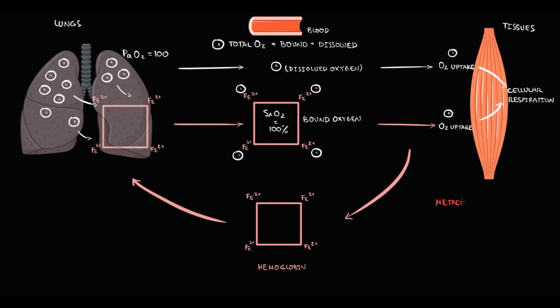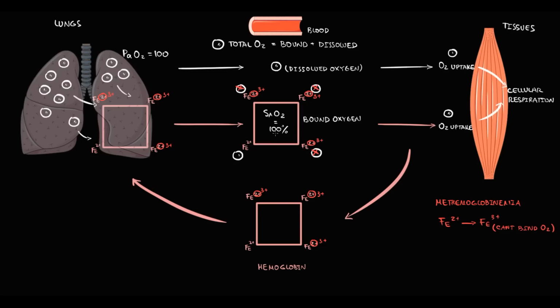In methemoglobinemia, some iron molecules become oxidized to a +3 charge, and the problem is that iron with a +3 charge cannot bind oxygen. So if 3 iron molecules become oxidized, hemoglobin in this state can bind just 1 oxygen molecule, so oxygen saturation decreases.